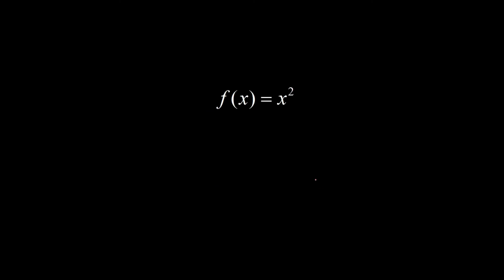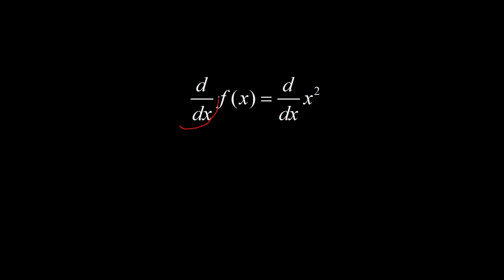So let's check out how this operator works. And here's just a standard way of writing a function. I'm going to say, f of x equals x squared. And with algebra, you would do things to both sides. Maybe you would add 2 to both sides or take the square root of both sides. Well, what we're going to do in calculus is we're going to take the derivative of both sides. And how do we indicate that?